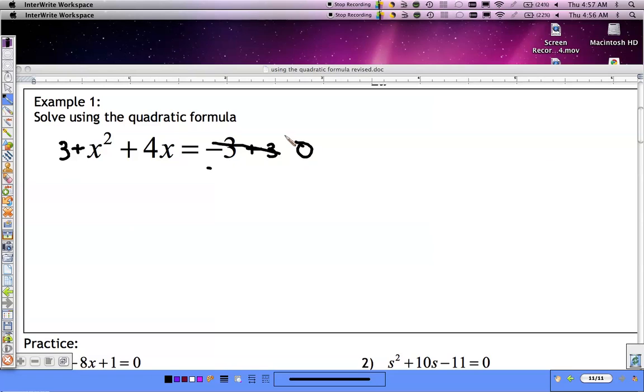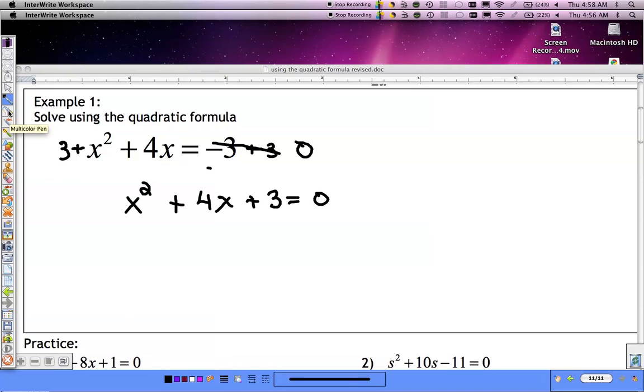And then there's no like terms I can combine on the left hand side, so I just want to go ahead and put it back in standard form. So I want the highest exponent term to go first.